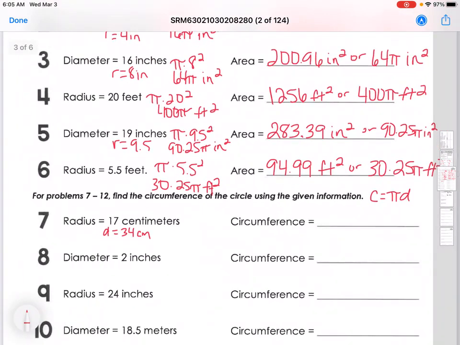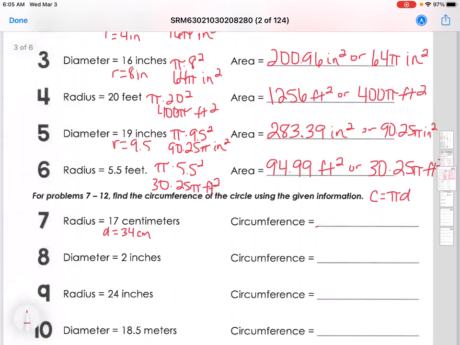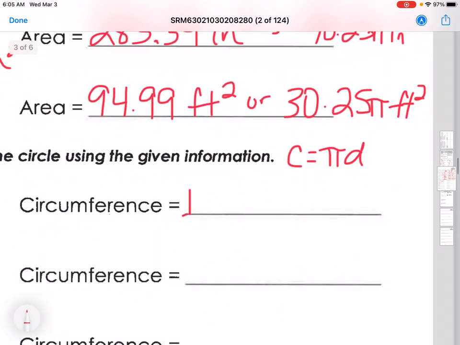So I could write 34 pi centimeters. Or you can multiply it to get 100. Let me rewrite that. So it would be 106.76 centimeters.